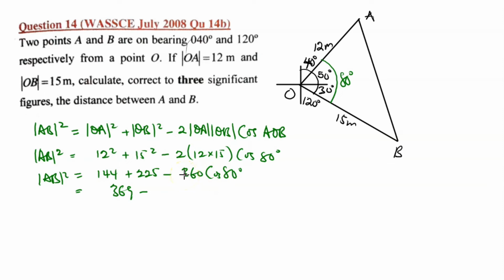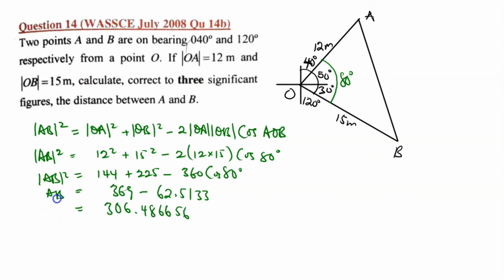Minus 360 times cos 80, from our calculator, we obtain 62.5133, and then let's subtract. 369 minus that gives us an answer of 306.486656.